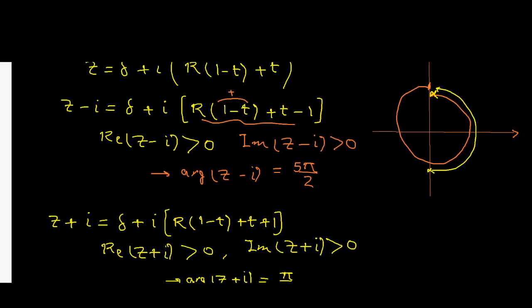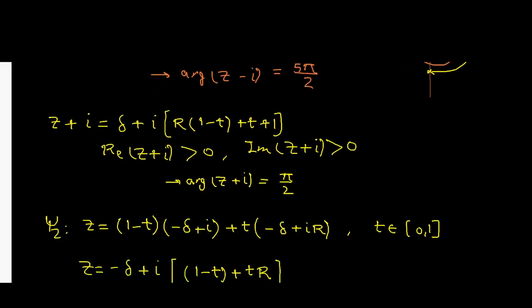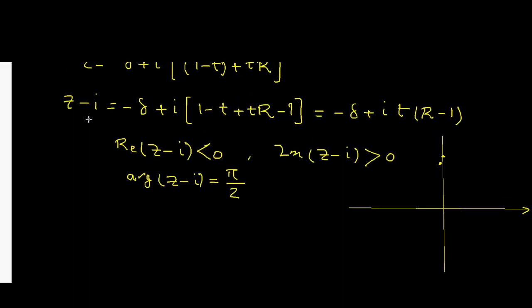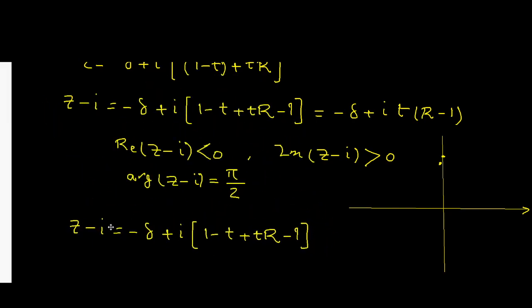And the argument of z minus I is between pi by 2 and 5 pi by 2. So when we start from the positive imaginary axis, we are at pi by 2. So the argument of z minus I is pi by 2. And what do we get for z plus I? If I just change that negative I to positive I, this negative one also turns into positive 1.